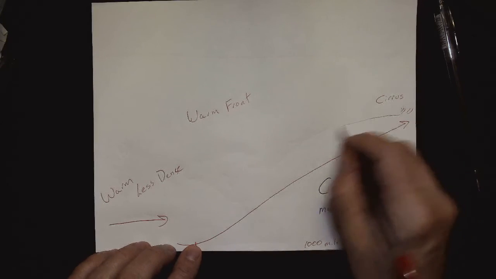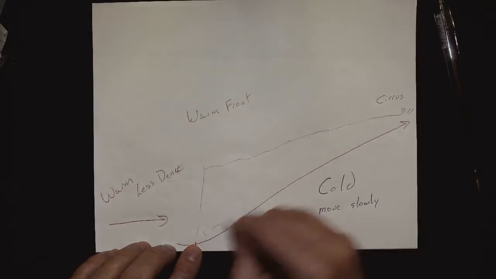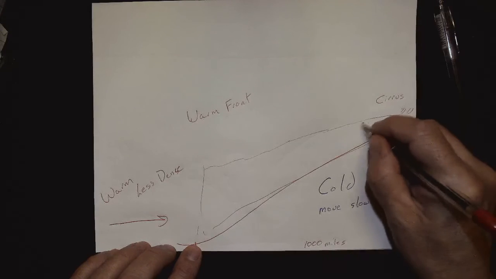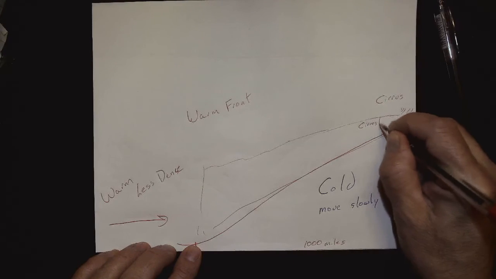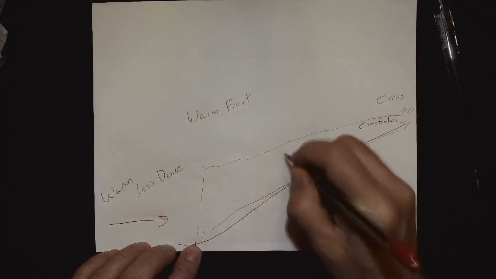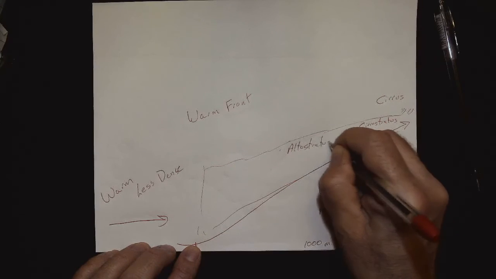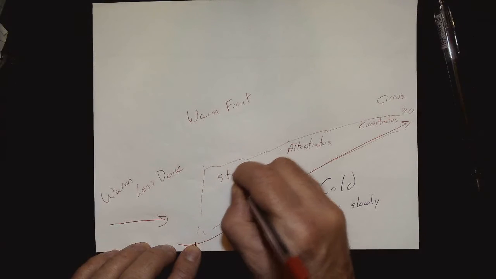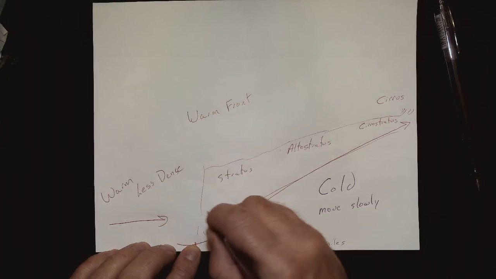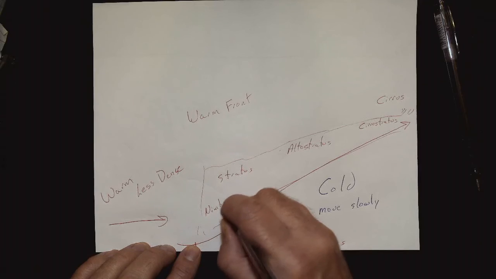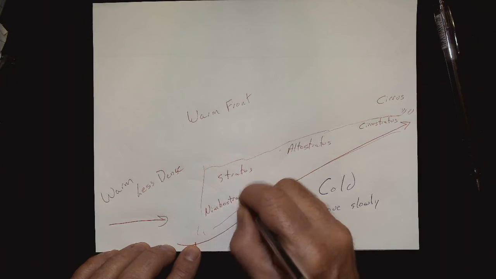And all that time, the clouds have been thickening, going from cirrostratus to altostratus, to plain old stratus, and very often nimbostratus, because it's starting to rain.